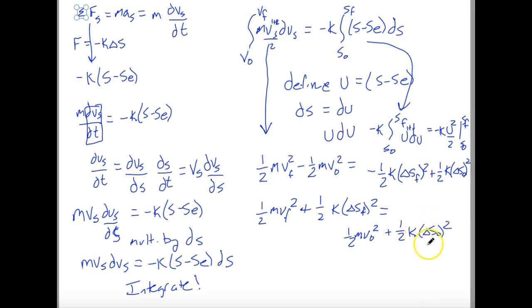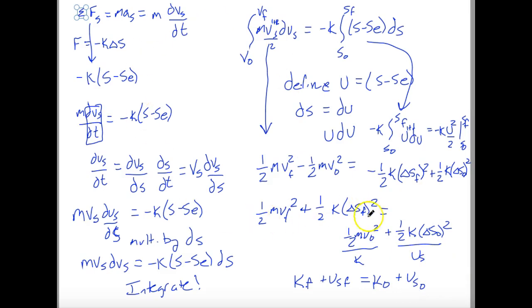We know that this is the potential energy due to a spring. We know that this is kinetic energy. So in the end, we're ending up with Kf plus USF is equal to the original kinetic energy plus our final spring energy.